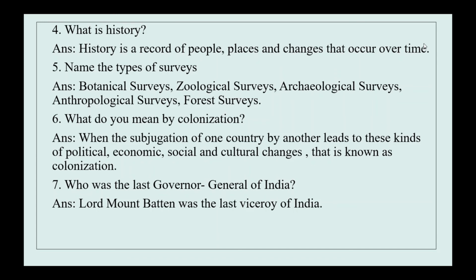Fifth one is, name the types of surveys. Botanical surveys, zoological surveys, archaeological surveys, anthropological surveys and forest surveys. Okay, these are the types of surveys. What do you mean by colonization?